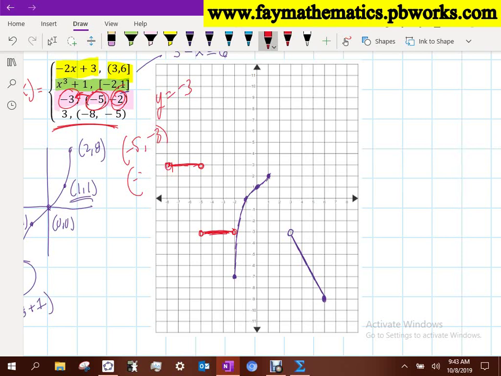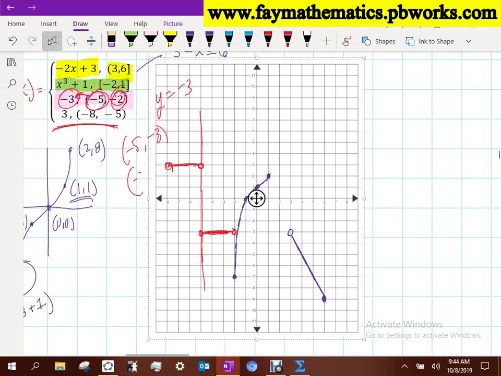Okay, so if I put that vertical line there, and these were both open dots, is that okay for a graph? Yeah. Okay, you can have gaps, right?